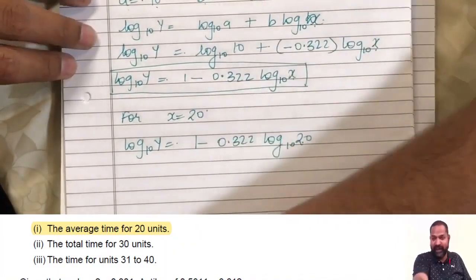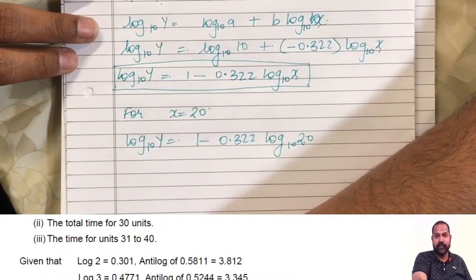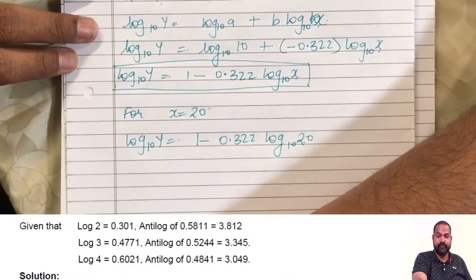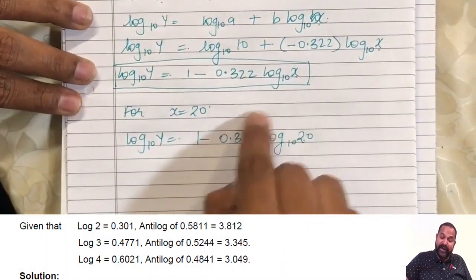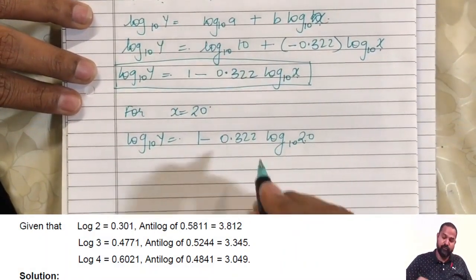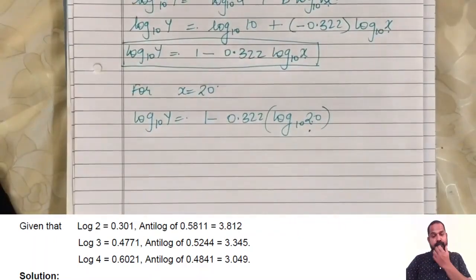But why go through all that hassle when they have already given you the values? And what are they? They have done something very cunning. What I require is the log of 20. Have they given you log of 20? No. They have given you the log of 2.